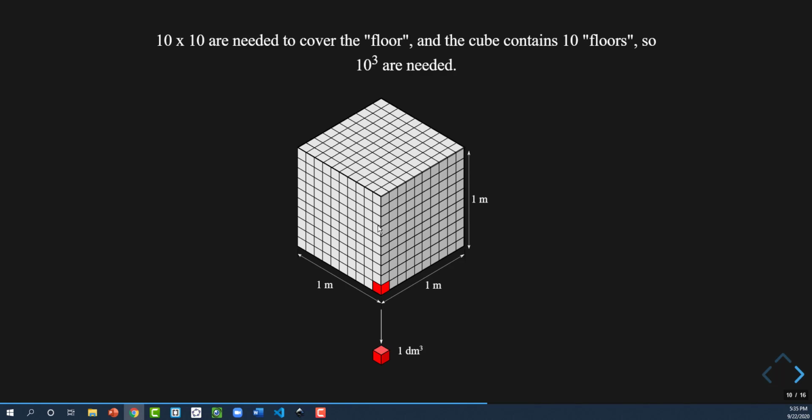And then I need 10 such floors to complete the cubic meter. So I end up with 1,000 cubic decimeters in a cubic meter. Or if I didn't want to think it through that carefully, I would say this same cube, the cubic meter, is the same as a 10 decimeter by 10 decimeter by 10 decimeter volume, which is, of course, 1,000 cubic decimeters. All right, that's that.